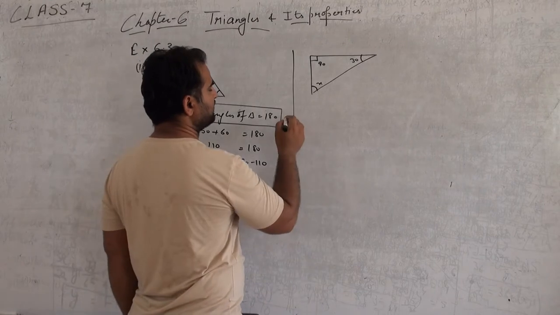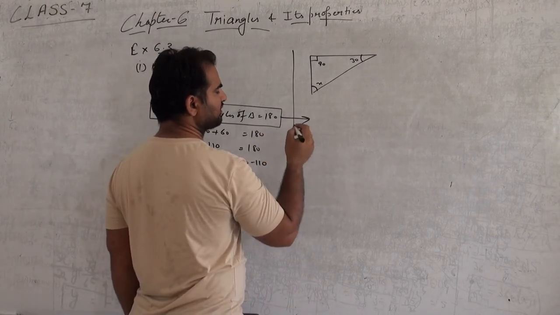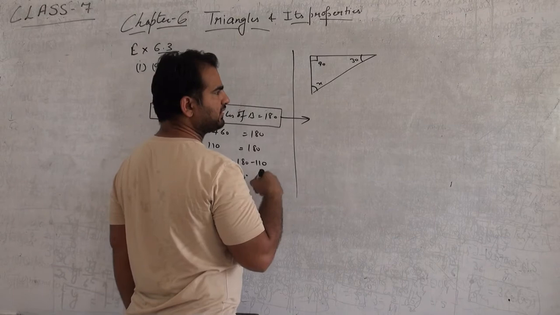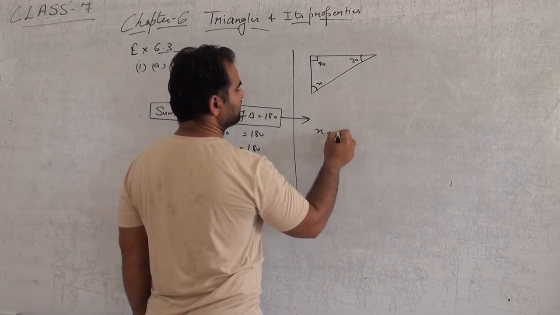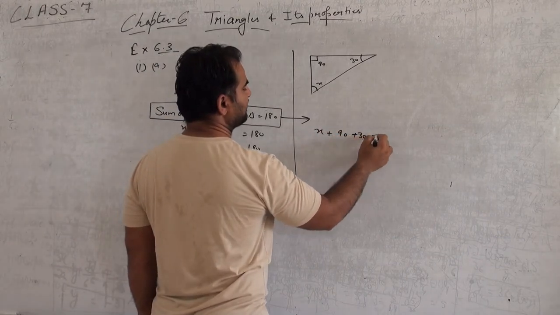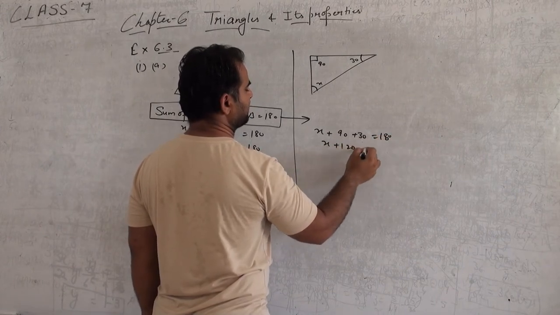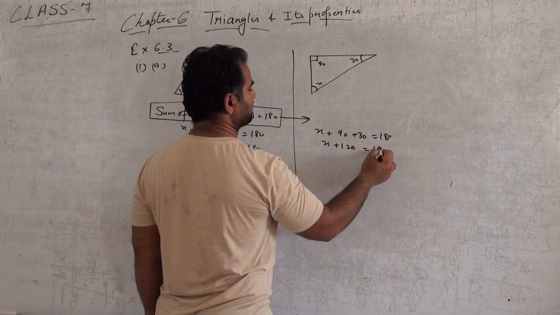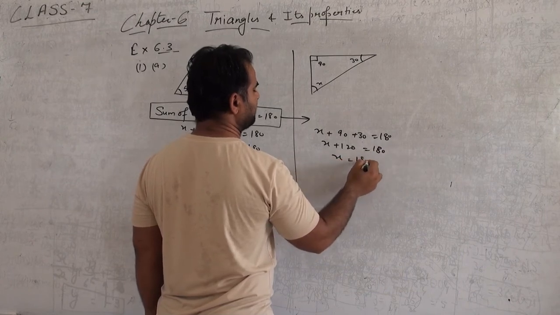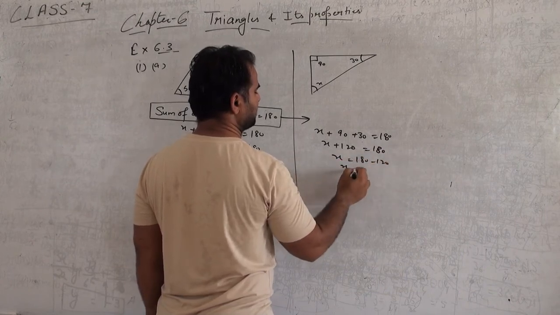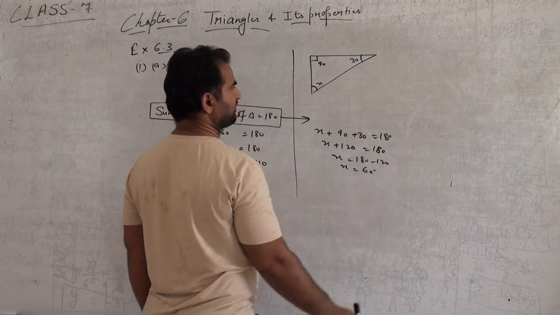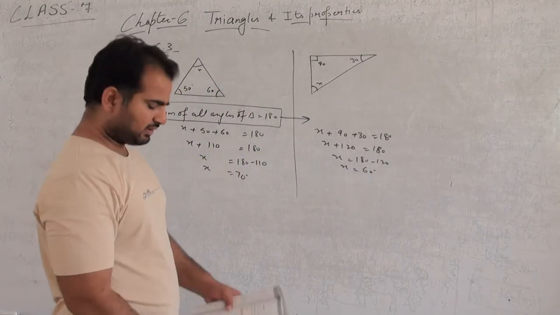So first of all you have to write the condition here. Sum of all angles of a triangle equals to 180. Then x plus 90 plus 30 equals to 180. So x plus 120 equals to 180. So x will be 180 minus 120. So x will be 60 degree. Okay, this is your answer.